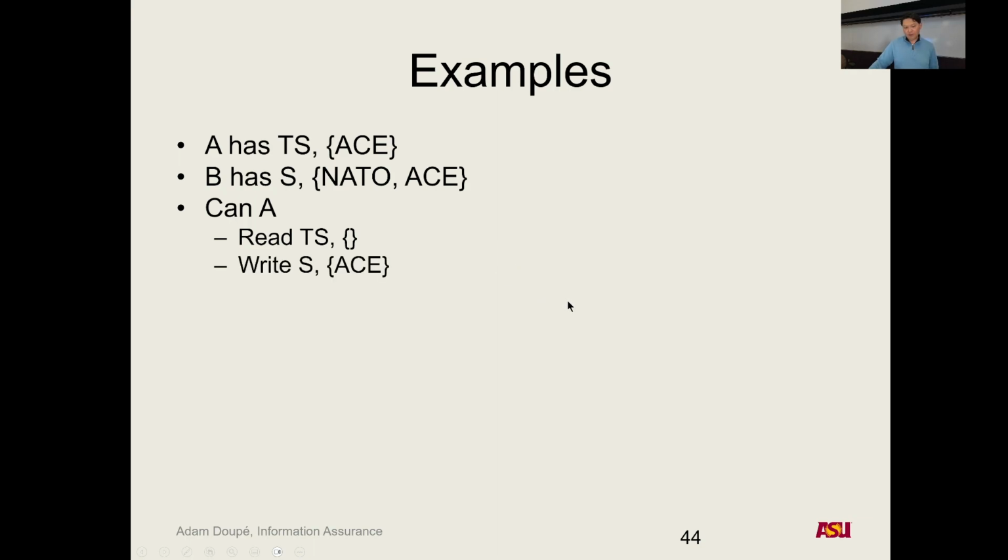Second case, write an object with secret clearance and ACE category. A has top secret, but this object has S. Is it possible? No, no write down, right? Top secret to secret is a write down, so I cannot write to the object with S clearance.